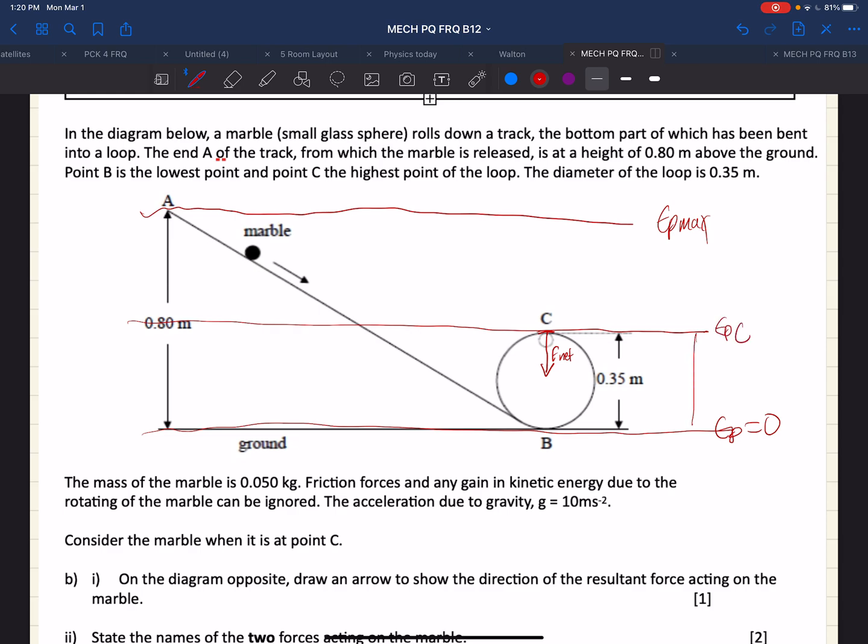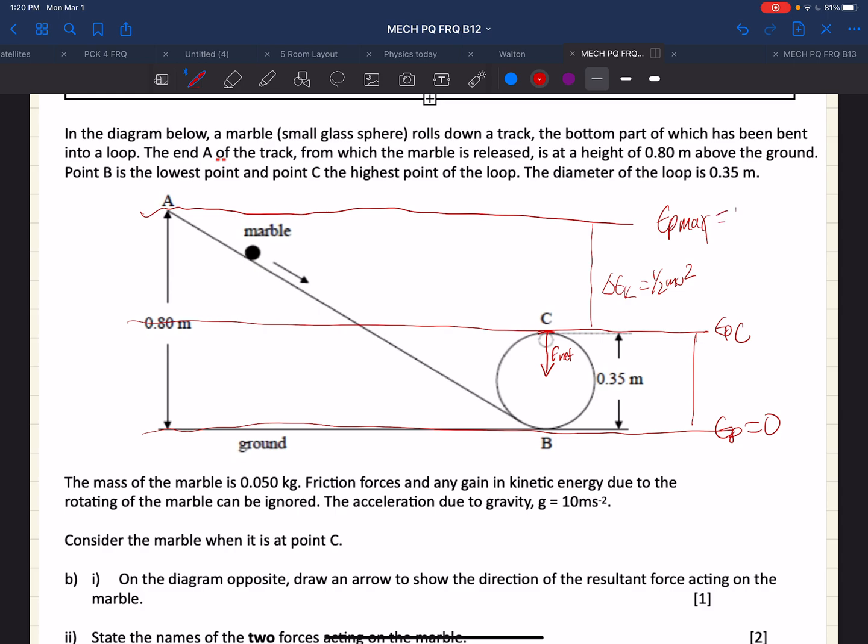Well, the potential energy at C, what has happened to the potential energy from A to C, all the potential energy that's lost has been converted to kinetic energy. So this here represents the change in kinetic energy as well, which is 1/2 mv squared.